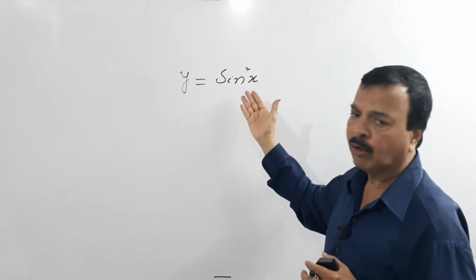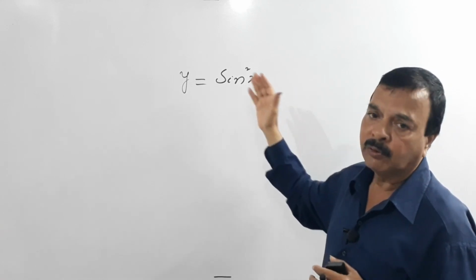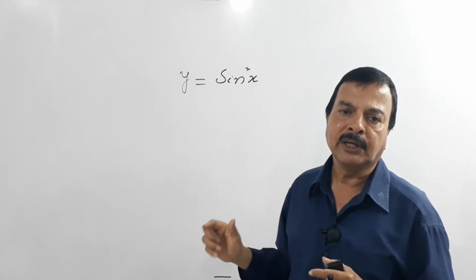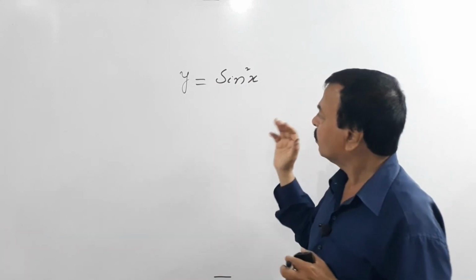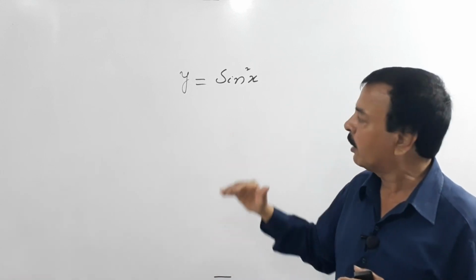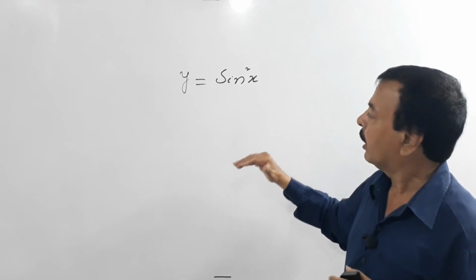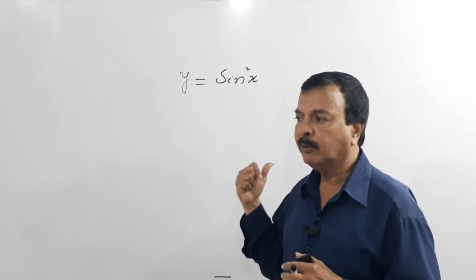This is nothing but a trigonometric product, that is sin square x. So we have to convert this into a sum or difference rule using trigonometric formulae. Then we have to differentiate this nth time, term by term, and find the nth derivative. How to go about it, I am going to teach you.